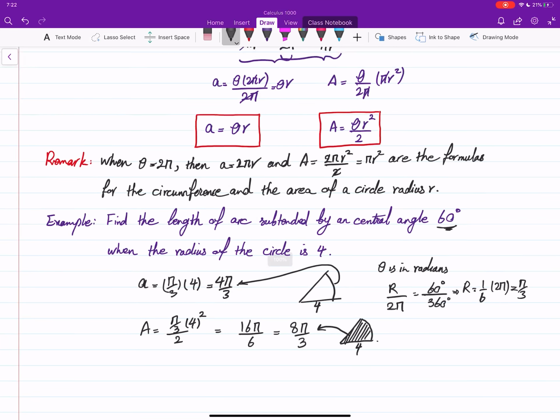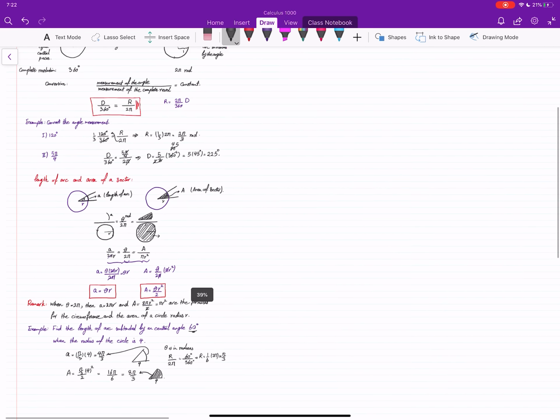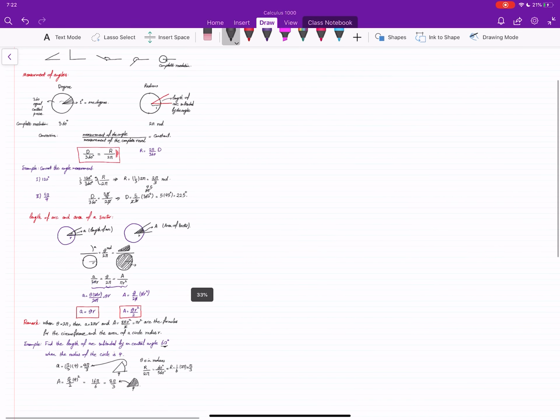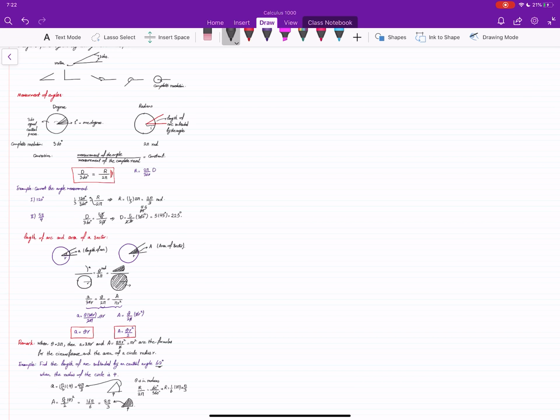So we learned about different measurements, how to convert between radian and degree, and also we learned that this ratio, what portion of the total circle we are taking, can be used to find formulas for the length of arc and area of a sector.